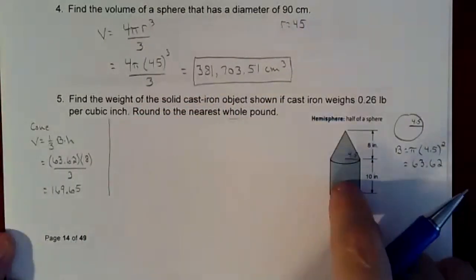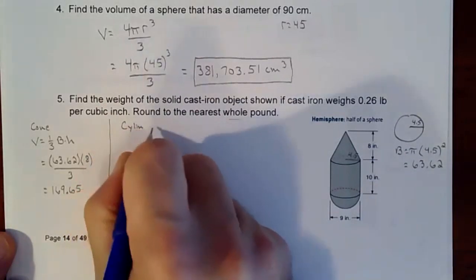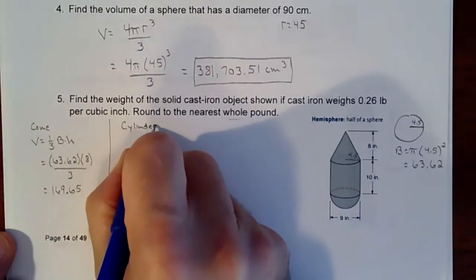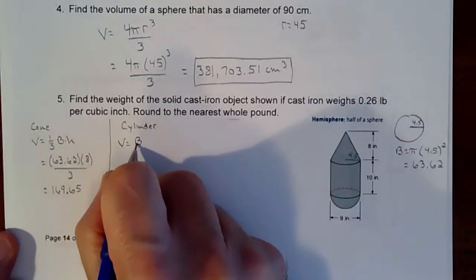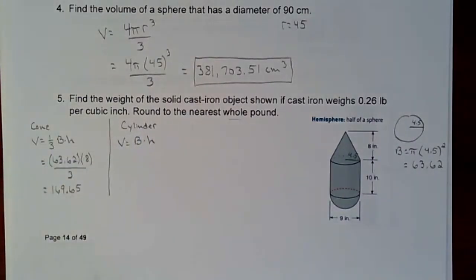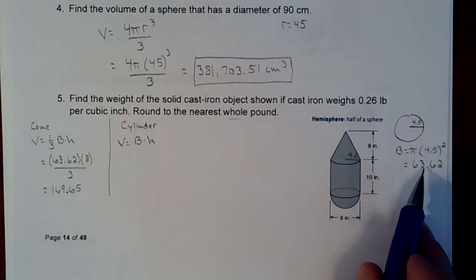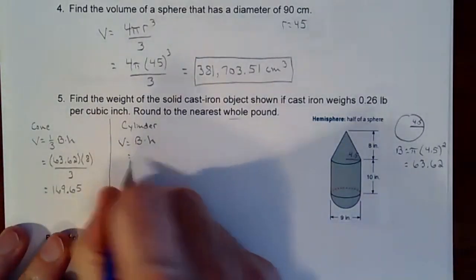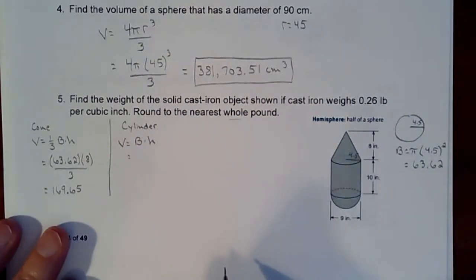On to the cylinder. Cylinder volume is base times height. Top and the bottom match, so we don't have to do the third. So area of our base times our height. The area of our base, we already found, is the same circle that we just used for the cone.